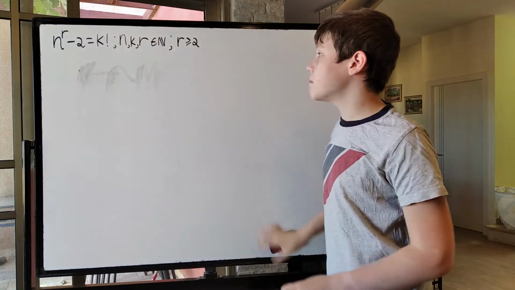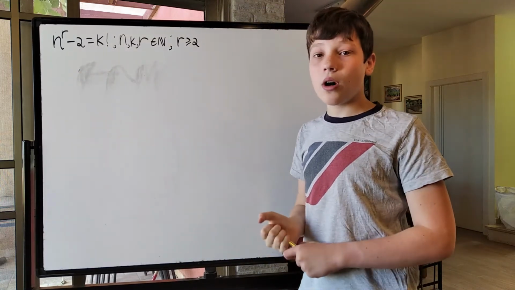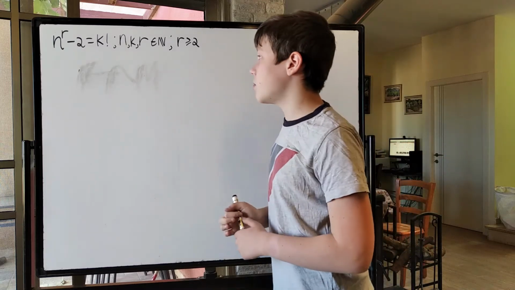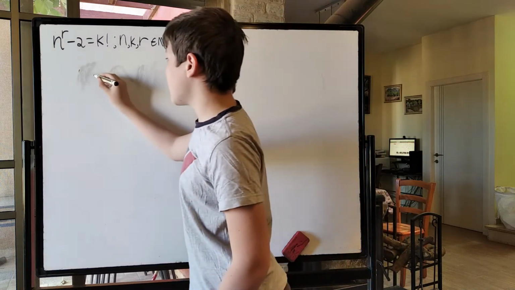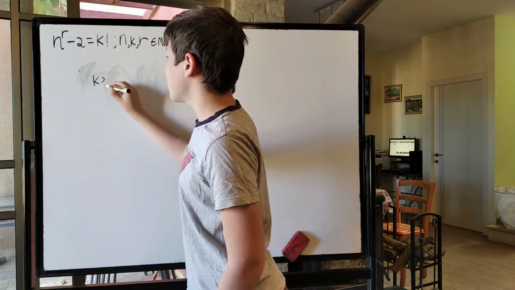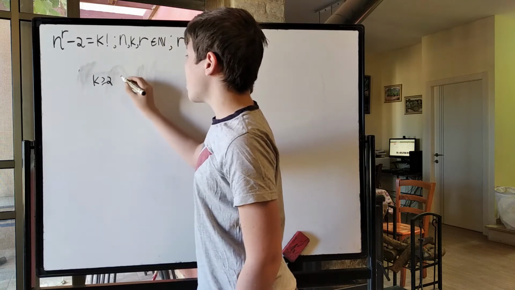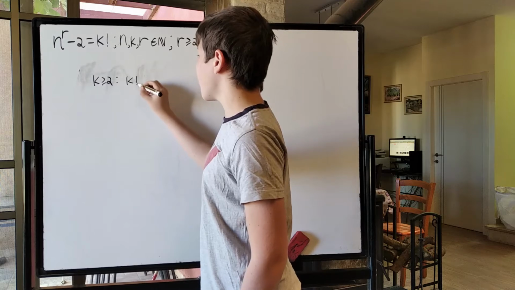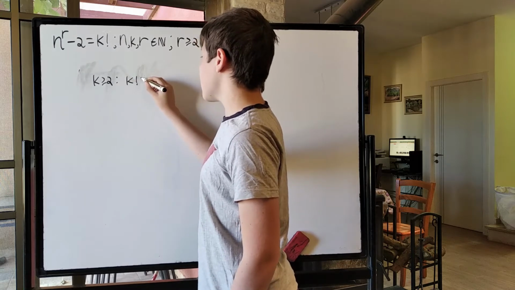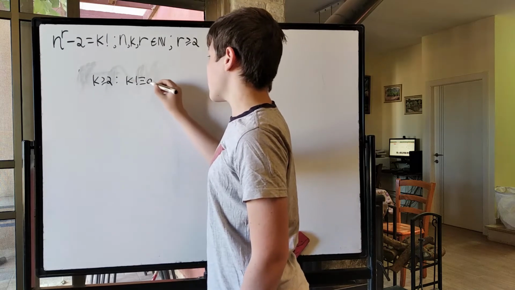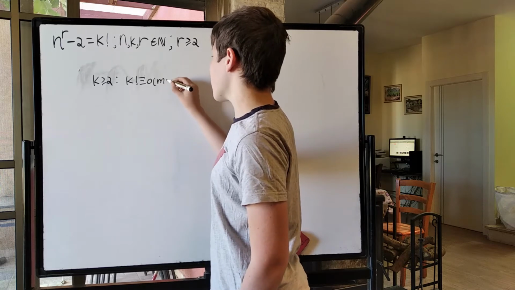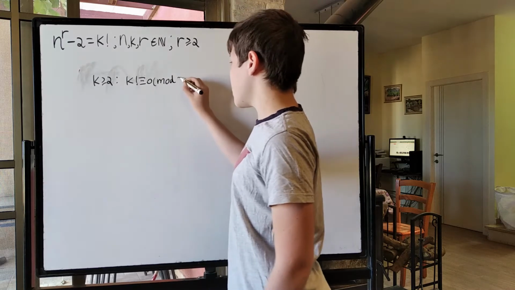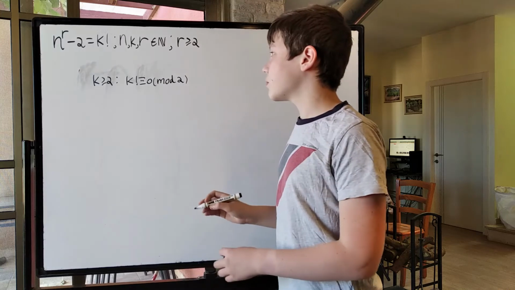Now we know that k is at least 2. And if k is at least 2, that implies that k factorial is even, or it's divisible by 2, or it's congruent to 0 mod 2.